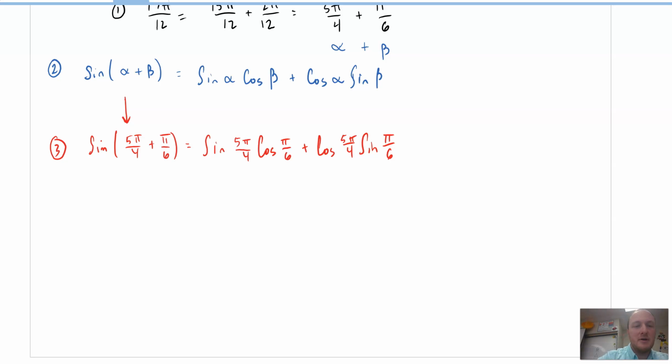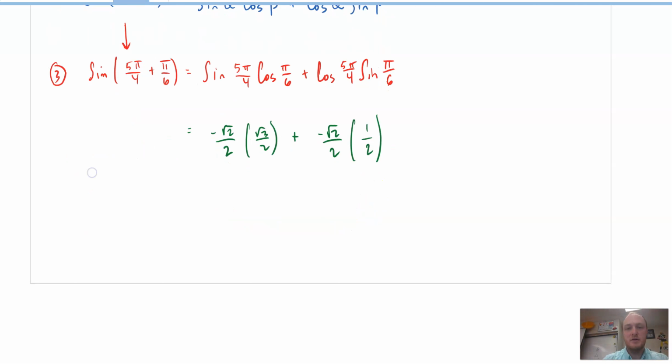So next, I'm going to go ahead and substitute in the values. Sine of 5 pi over 4, well, that is negative root 2 over 2 times cosine of pi over 6. Well, that is root 3 over 2 plus cosine of 5 pi over 4. Again, that's negative root 2 over 2 times sine of pi 6, which is 1/2. Okay.